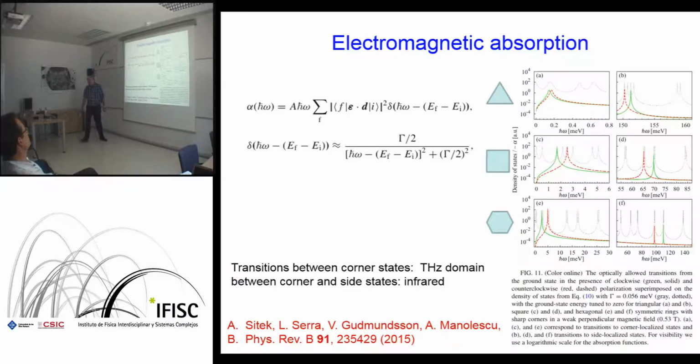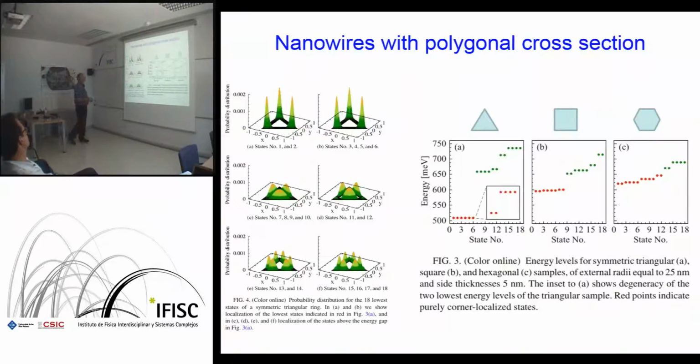Electromagnetic absorption can occur within the group of corner states, but which have very little dispersion. Or maybe I should say the interesting aspect is that the corner states tend to become a degenerate group.